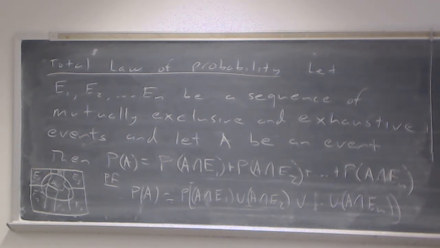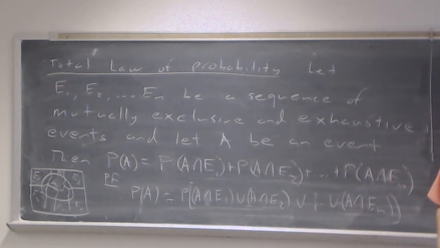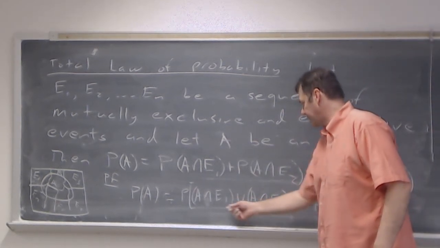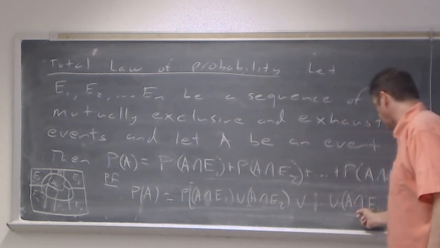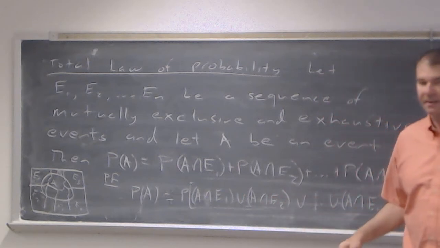What we notice about each set in that union we're taking the probability of here is that they are disjoint. So the mutually exclusiveness of the E1 through En give us this result is equal to A. Okay? Because unions are equal to A.